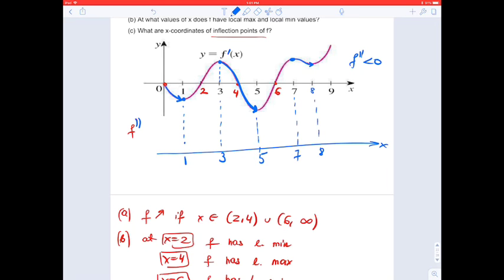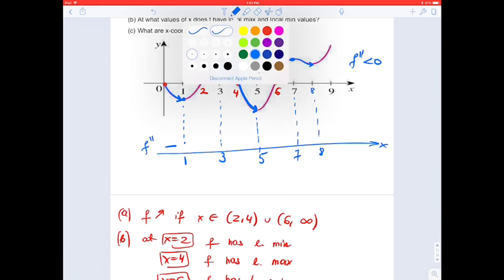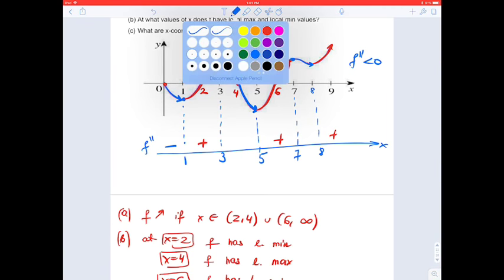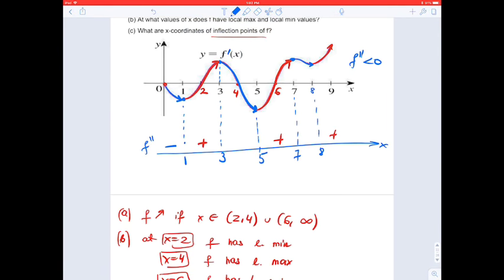Now as I said, from 0 to 1 the function is decreasing, so its derivative, which is the second derivative, I will put lower, it's negative. Then from 1 to 3 it's increasing, it's positive. Then from 5 to 7 it's positive, from 8 to 9 is positive.